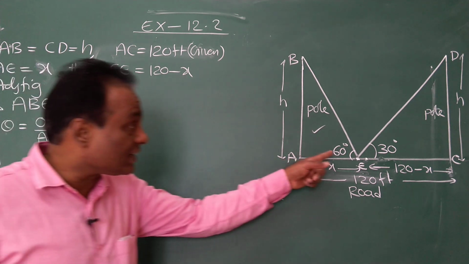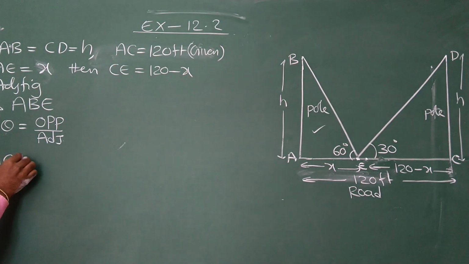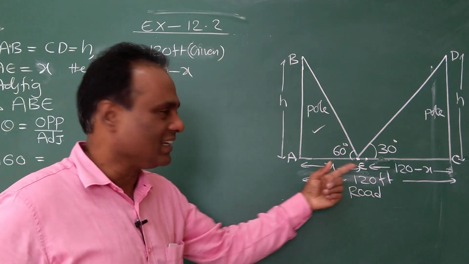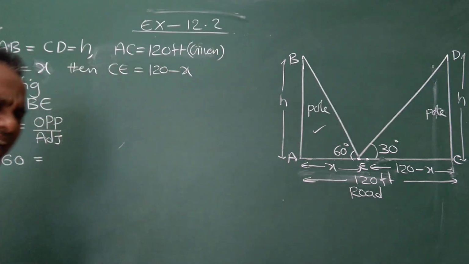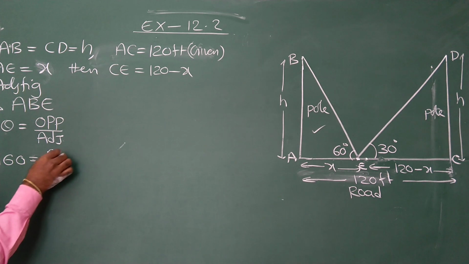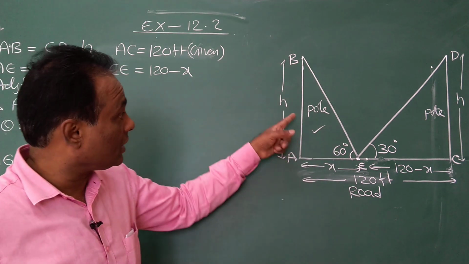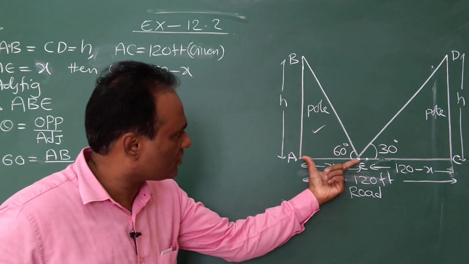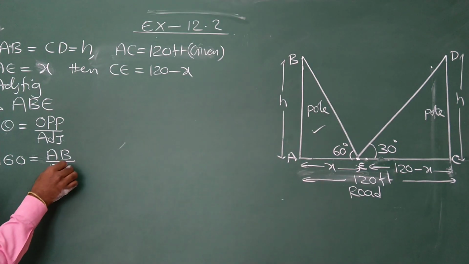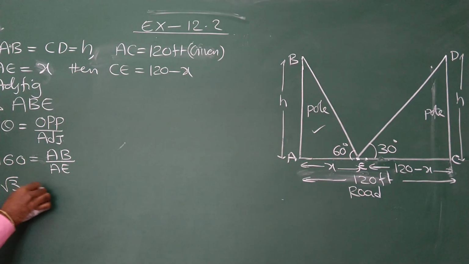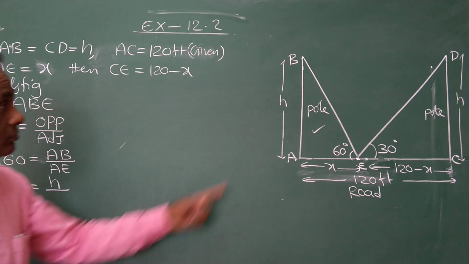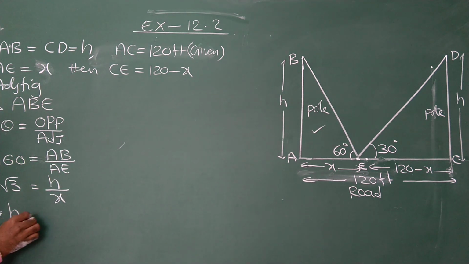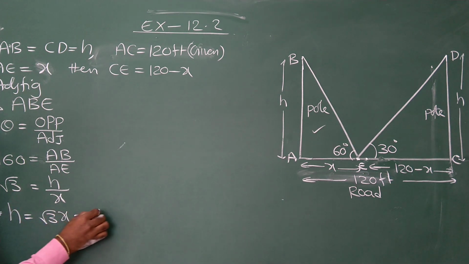Theta is 60 degrees. Opposite is AB, adjacent is AE. That is nothing but H by X. Tan 60 is root 3, AB is H, AE is X. Cross multiply, H is equal to root 3 into X, first equation.